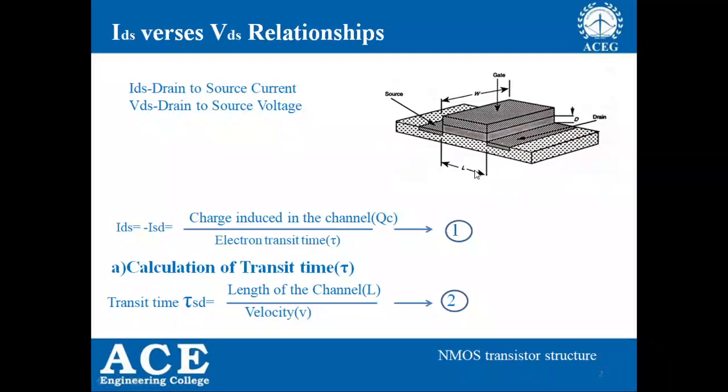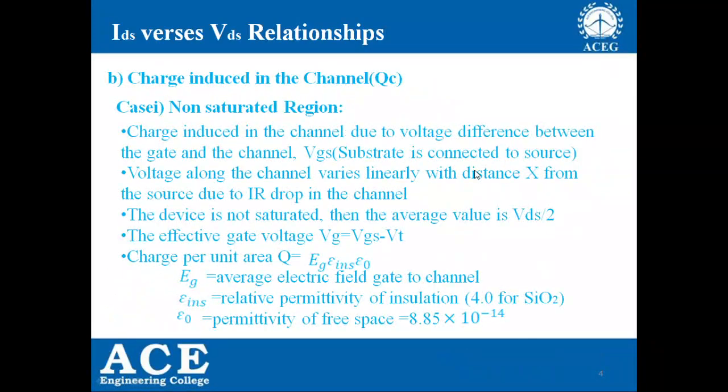Now we are calculating the charge induced in the channel per unit area. So this Q per unit area is the epsilon of the silicon dioxide layer into E, where E is the applied electric field intensity, the electric field we apply at the gate.